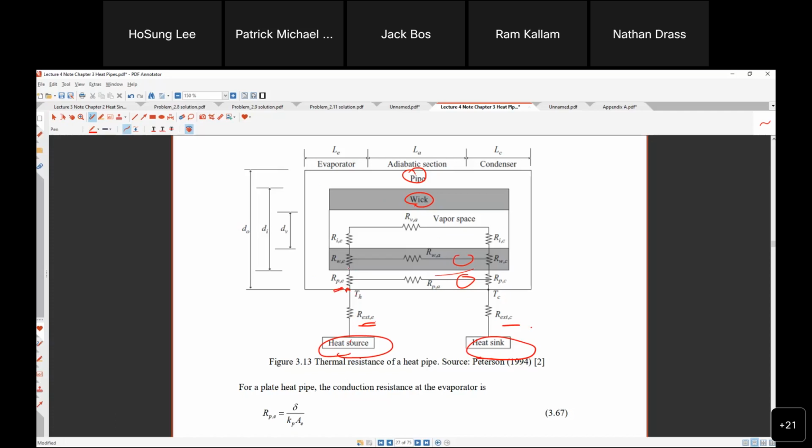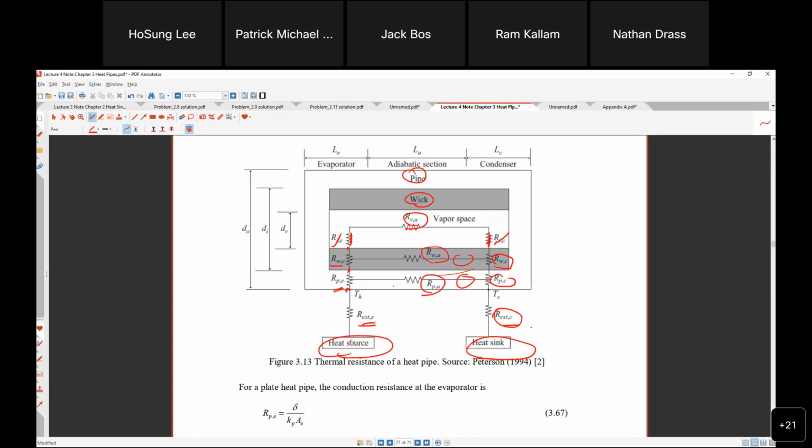I'm talking about the temperature between two temperatures. Then the wick evaporator. The interface we neglect, because it is small. So mainly the wick condenser, the wick, the pipe, and external. But interestingly, there are parallel paths, adiabatic at the vapor and adiabatic at the pipe.